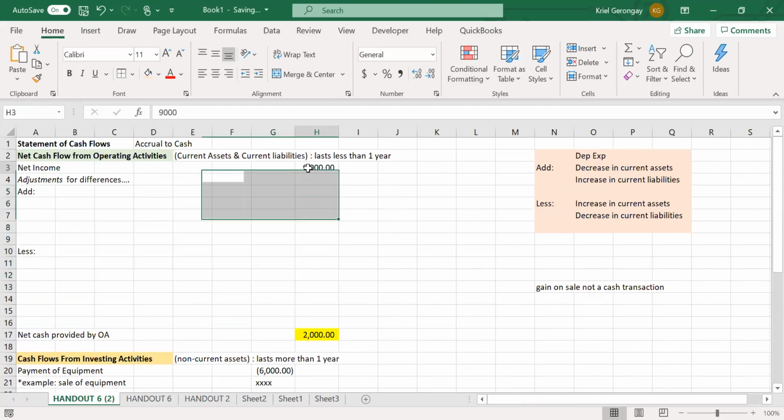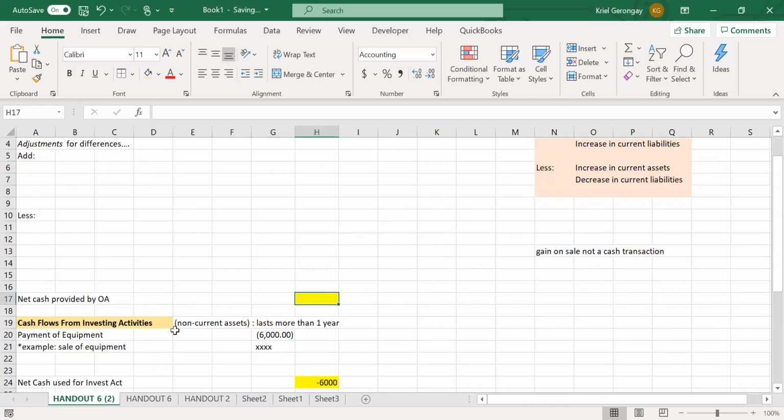Let me just delete everything so that we can start over.